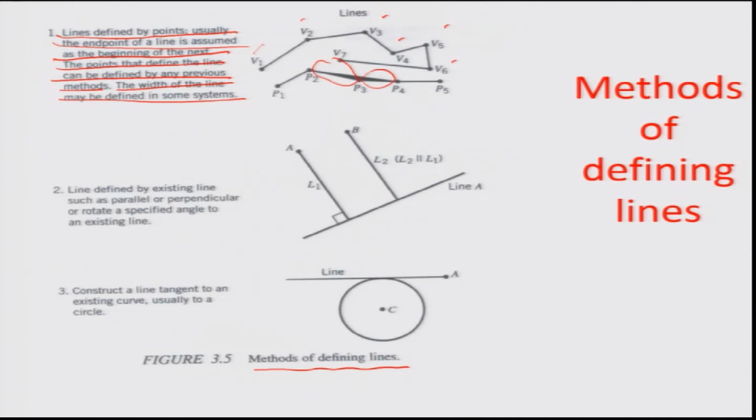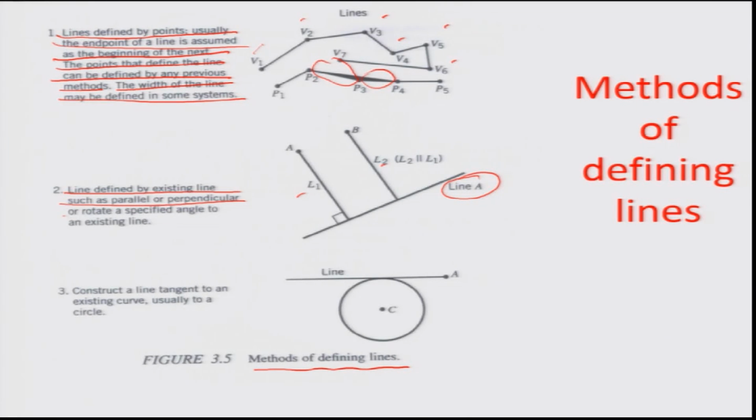Points have of course been represented in space through a variety of techniques as shown in the last slide. Lines can also be defined by existing lines, such as parallel or perpendicular to each other. So, if there is a line A and I say that lines L1 and L2 are perpendicular to it, they would automatically be parallel to each other in some sense. That is how you can also define parallel lines.